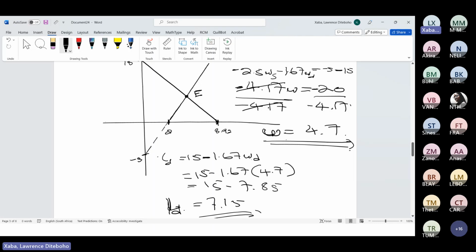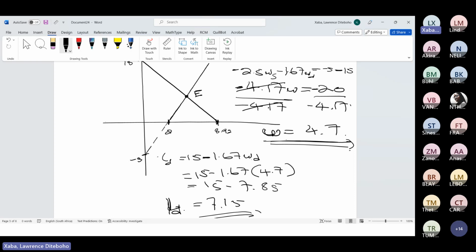I'm looking at this part just to confirm the value 4.7. We said 20 divided by 4.17. Oh, I missed that 9.